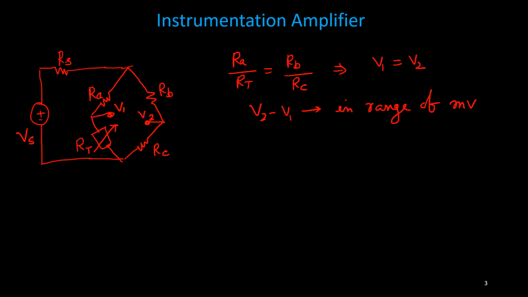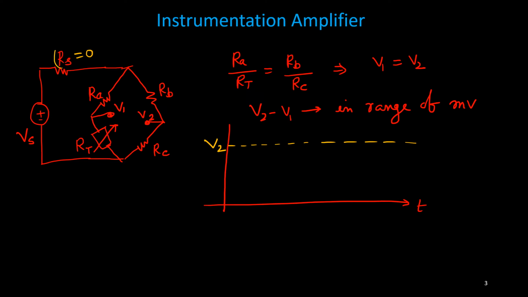So you see, if I consider this is time for certain instant, this is the voltage level V2, and if I consider here Rs equals 0 for the time being, there is no source resistance, and now due to the change in temperature of this thermistor, you will get a different voltage level V1.